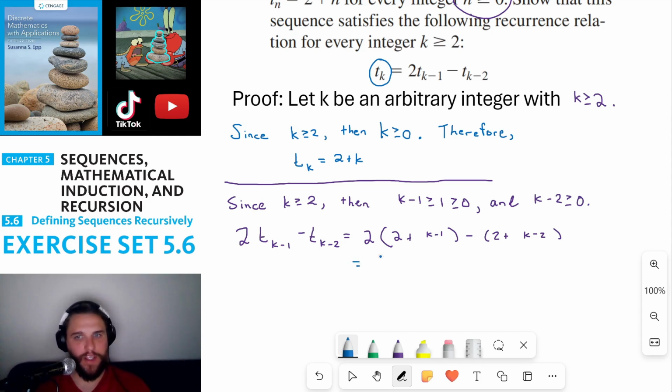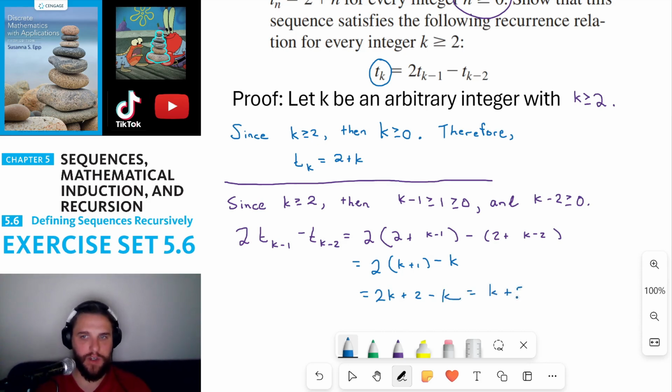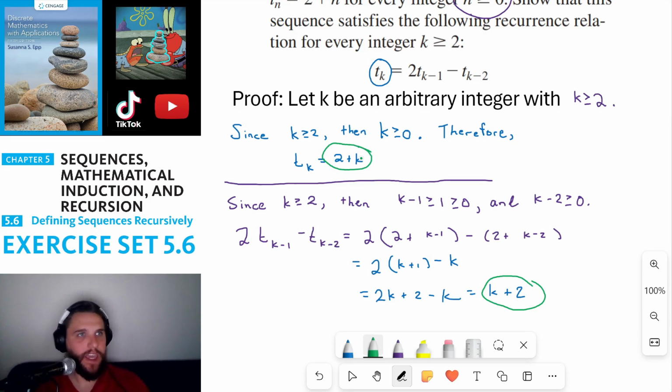So first we can simplify these parentheses to 2 times k plus 1 minus, and this is just k. And then we can distribute the 2, so this is 2k plus 2 minus k, which is the same thing as k plus 2. And if you notice, whether we evaluate the left-hand side or the right-hand side, either way we end up getting 2 plus k.